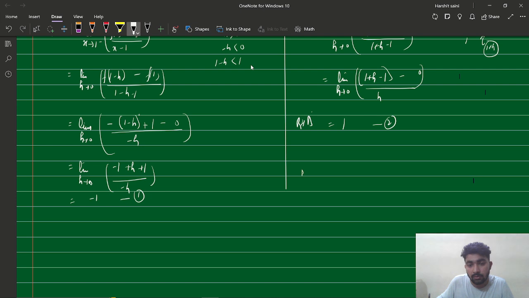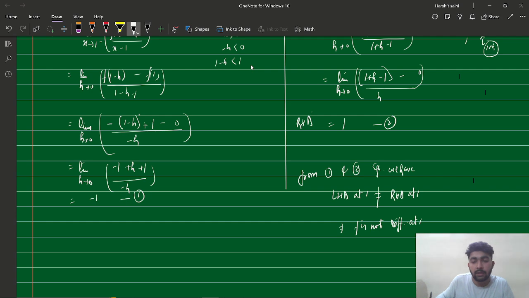So from the first and second equations we have LHD at 1 is not equal to RHD at 1, which implies that f is not differentiable at 1.